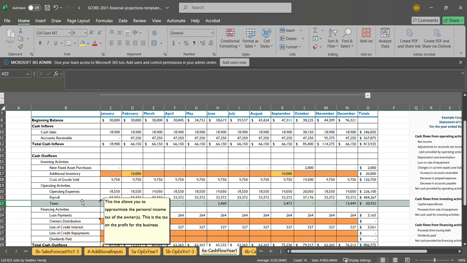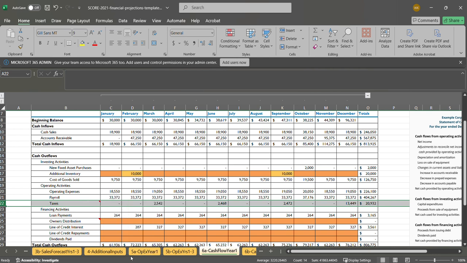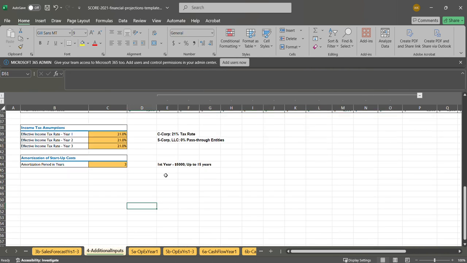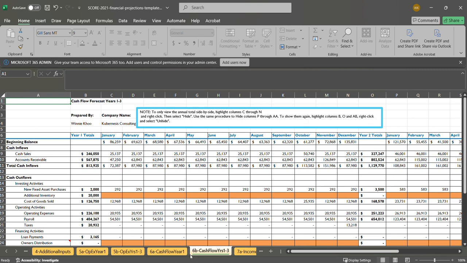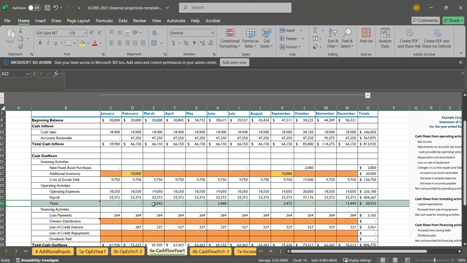Taxes. There's a note here that says this line allows you to approximate the personal income tax of the owners. This is the tax on the profit of the business. And so that is driven by the income tax assumptions. Again, I'm assuming that this is a C Corp, which is a 21% tax rate. And so this percentage is getting pushed through the cash flow here.